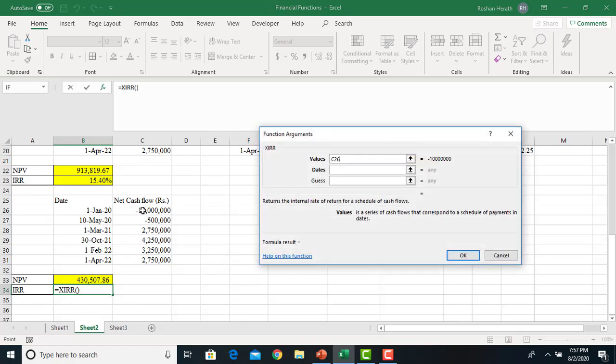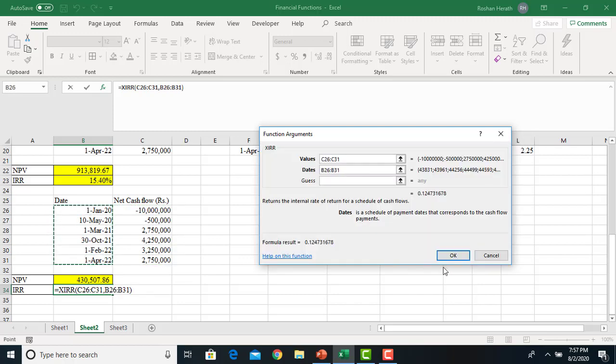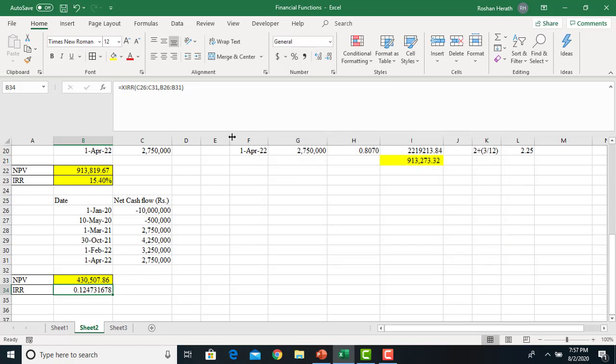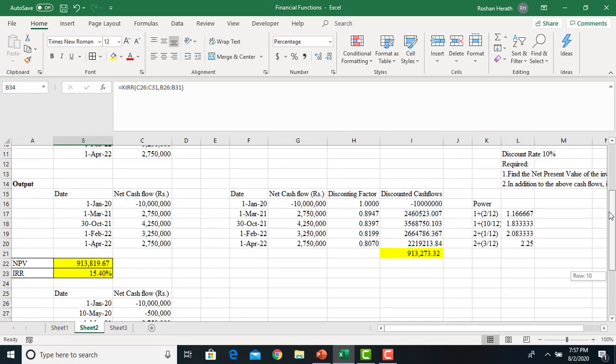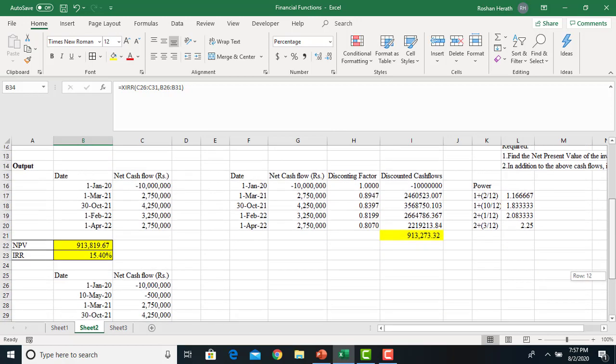The values are there and the corresponding dates should be there. Then it says that it generates roughly around 12.47.